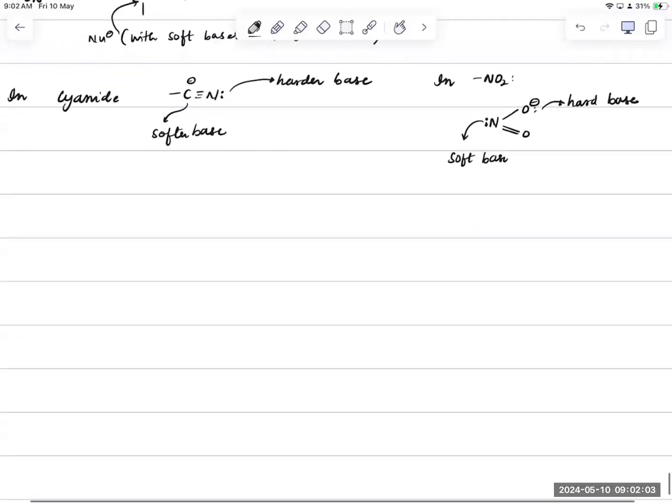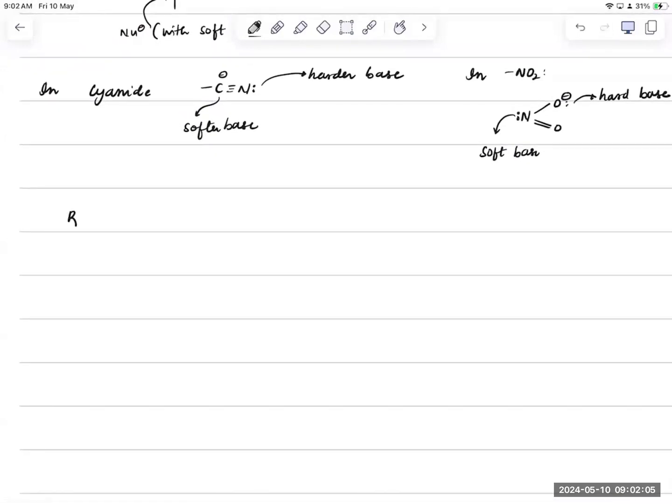So imagine you have a 3-degree alkyl halide like this, and you treat it with NO2 minus. Where does it attack from? If it is 3-degree, it will definitely make a carbocation, and a carbocation is a hard acid.